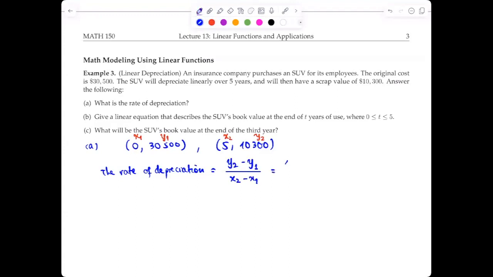So y2 is 10,300 minus 30,500, altogether divided by 5 minus 0. That's the setup. Any questions on that?